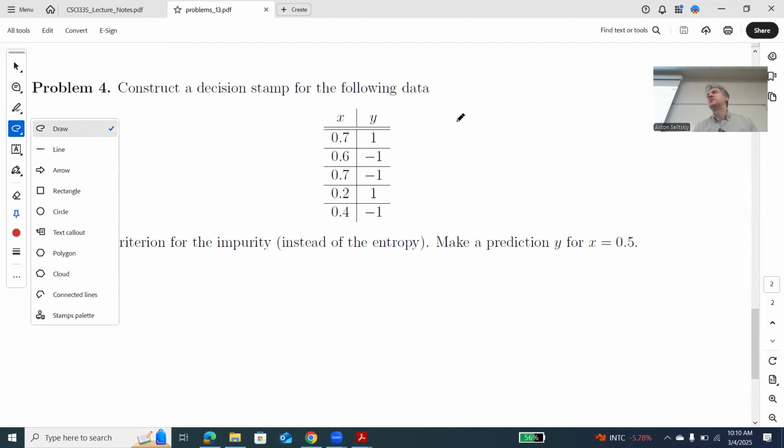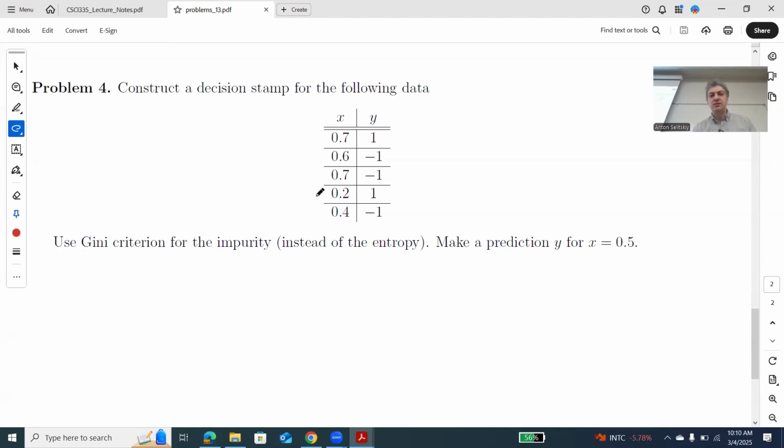So first I will sort these points by the feature, by x. So the smallest one is 0.2. Then I will write in the row because there is more space. Then 0.4. So this is x, 0.6, and 0.7 twice.